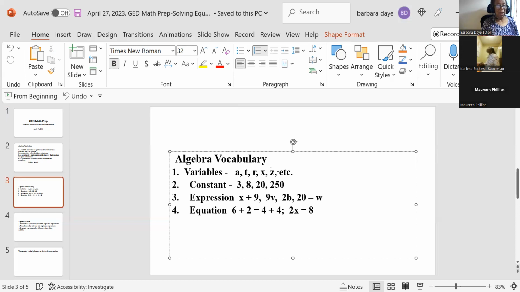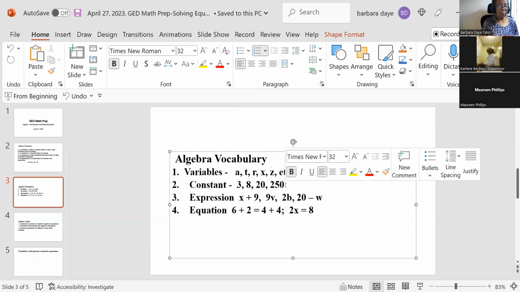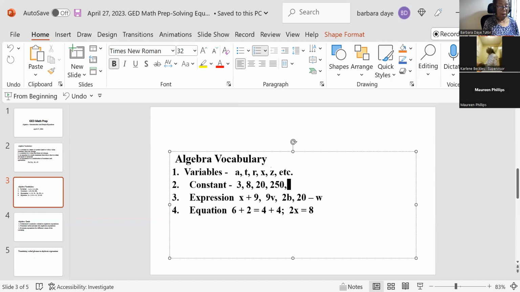Constants: 3, 8, 20, 250. And they could be negative. We could have minus 7.